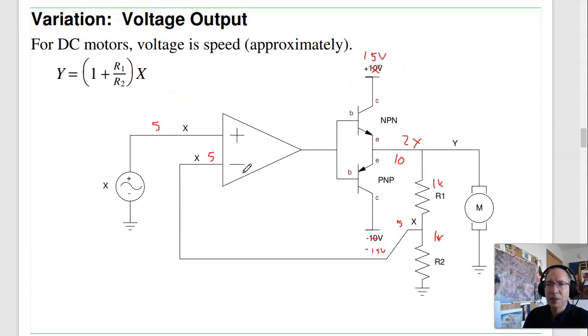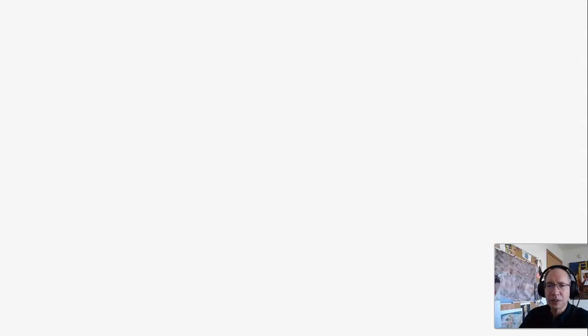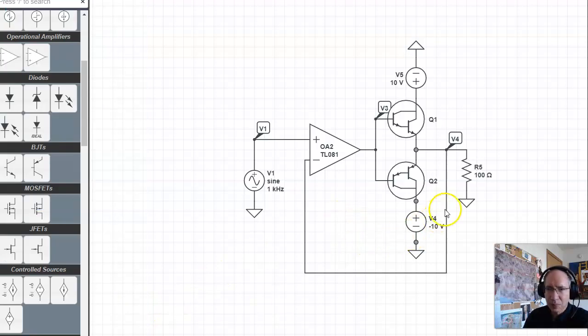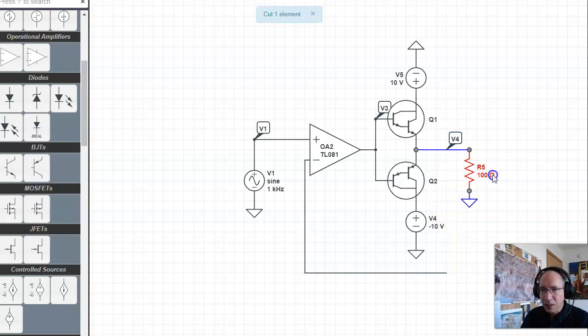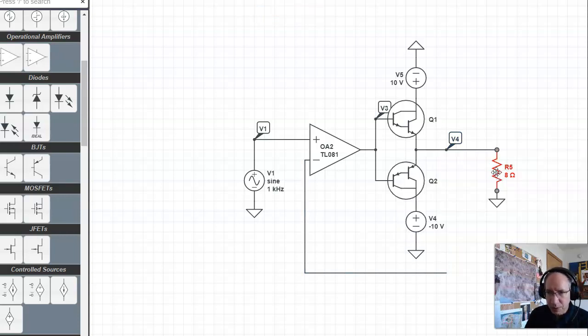If you want to simulate that in CircuitLab, what I would do is go back to this guy, go back to build, and let's slide him over. And just to illustrate that I can drive 8 ohms, we'll make that an 8 ohm speaker. Let's have a gain of 2.